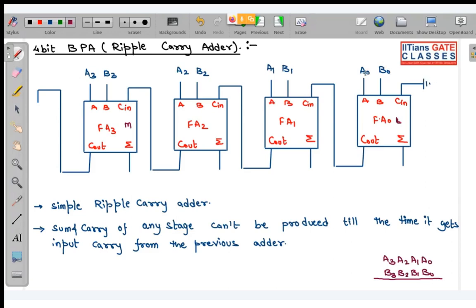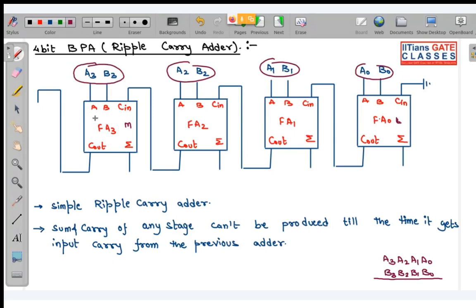If this is an ideal binary parallel adder, listen very carefully, what will happen? All the inputs are applied, and as it is ideal, none of the full adders suffer from delay.